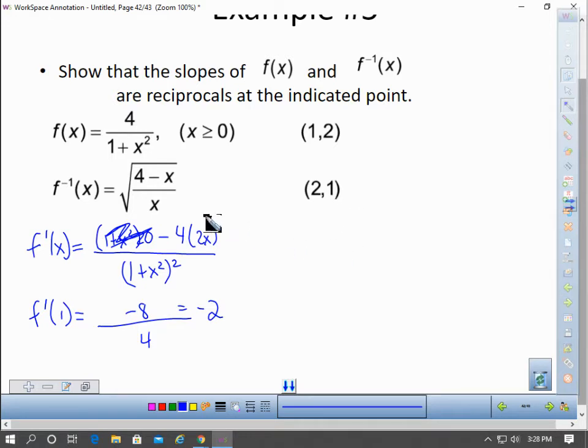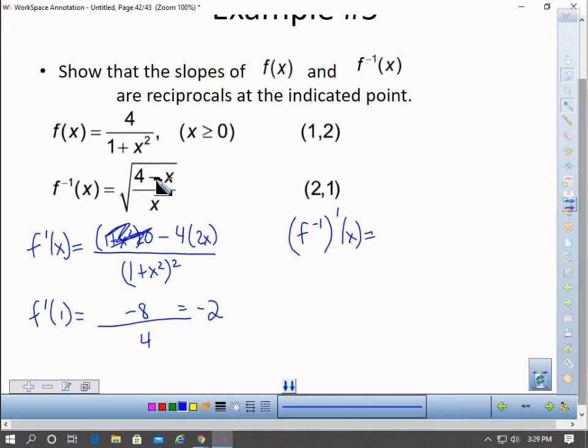All right, so now let's do the inverse, so the derivative here. His derivative might be a little funky here, but let's do it. So we're going to do f inverse prime of x.